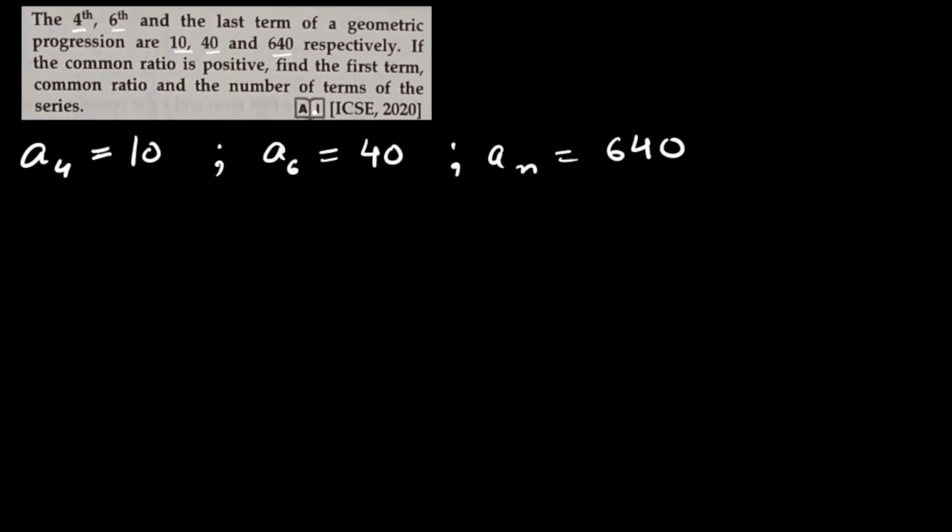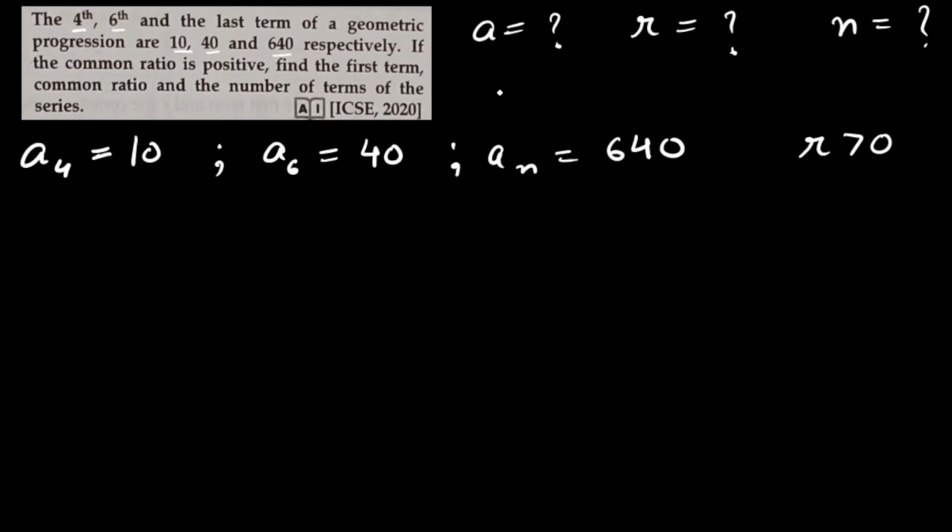If the common ratio is positive, what is the meaning of that? It means r is greater than 0. Find the first term, the common ratio, and the number of terms of the series. So these three things we have to find.